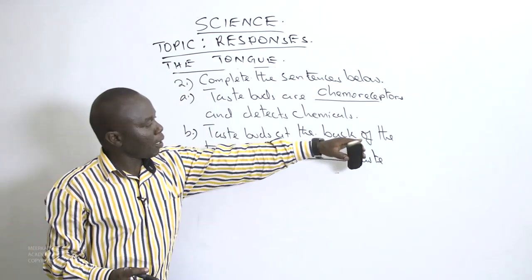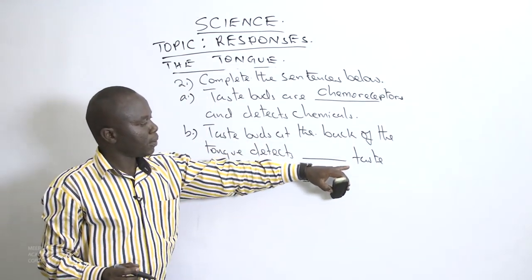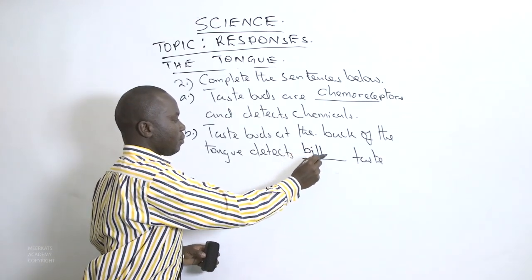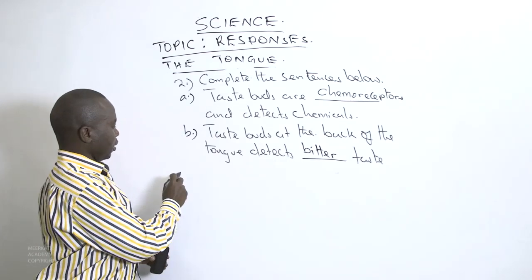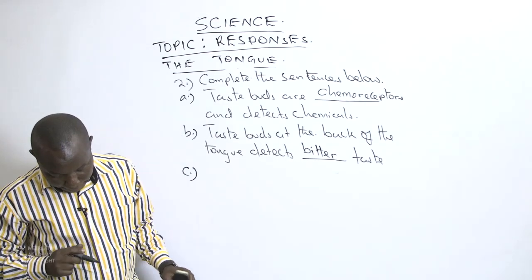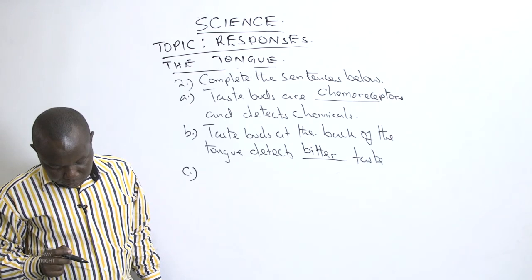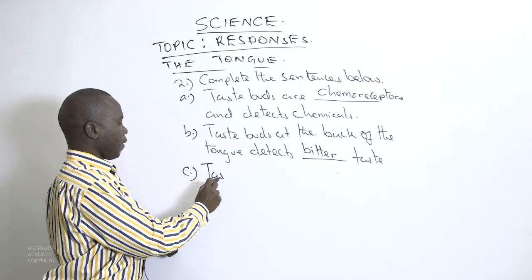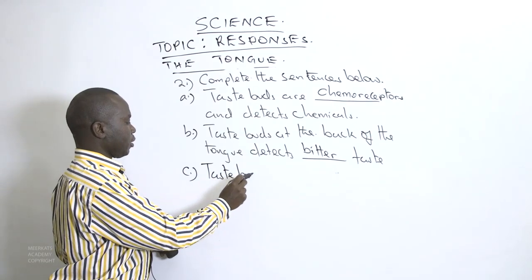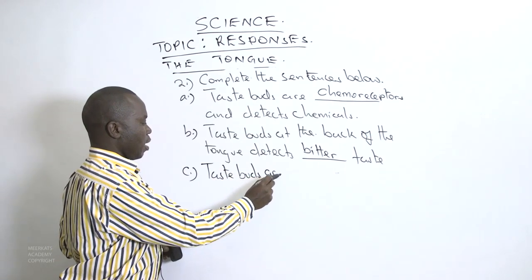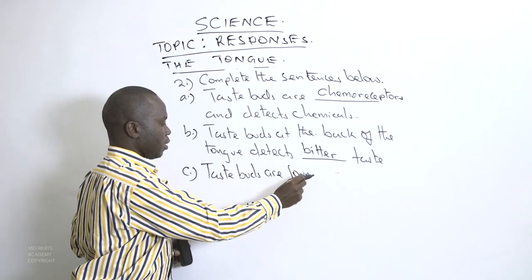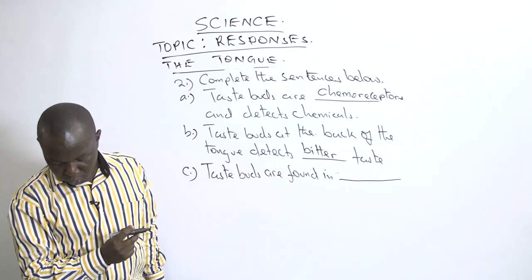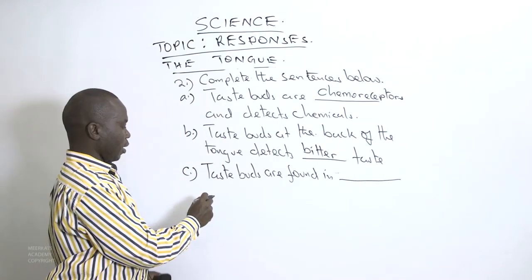Test pads at the back of the tank detect what type of test? We have already given that name, bitter tests. C, test pads are found in dash on the upper surface of the tank.